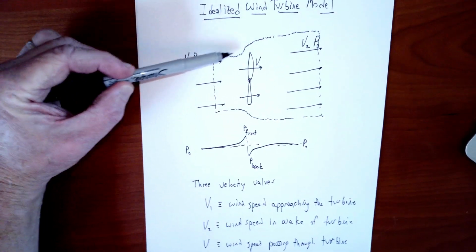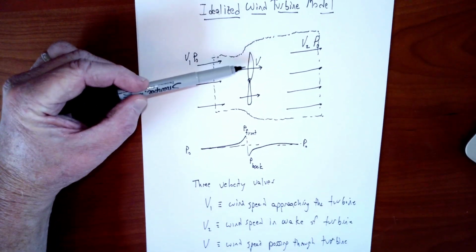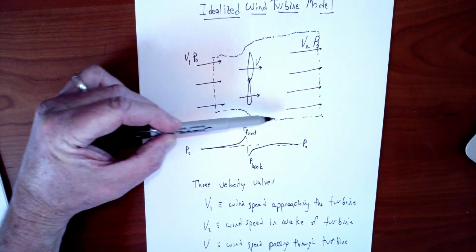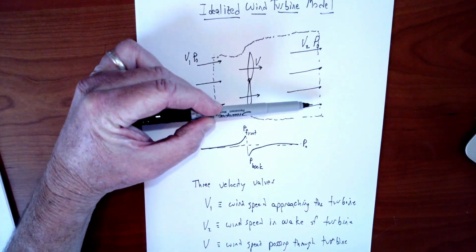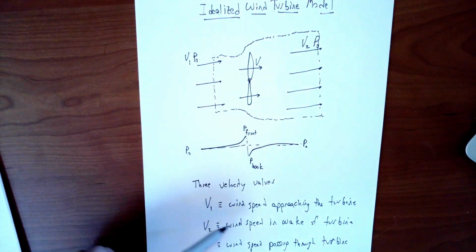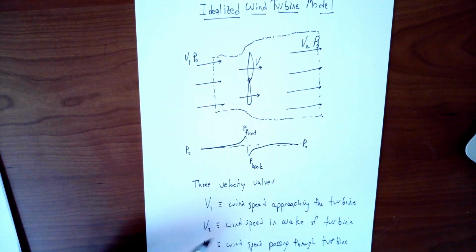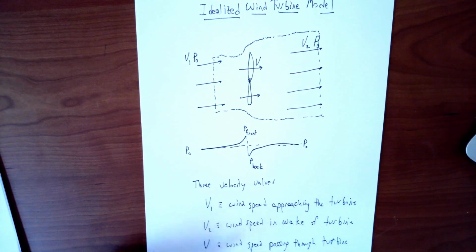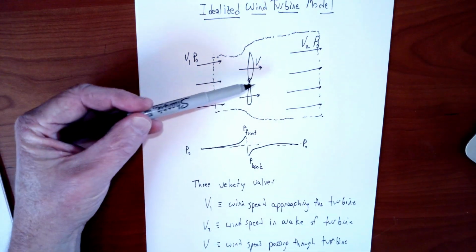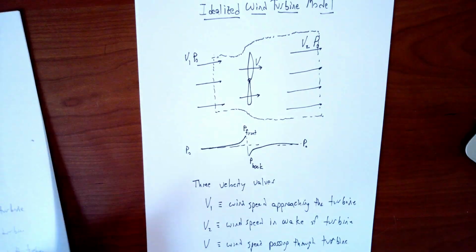This has been drawn to capture the fact that fluid will be deflected around the turbine, but that fluid will not leave our control volume as drawn. Here are the three velocities: V1, the wind speed approaching the turbine; V2, the wind speed in the wake of the turbine; and V, which is the wind speed as the fluid actually passes through the turbine blade region.